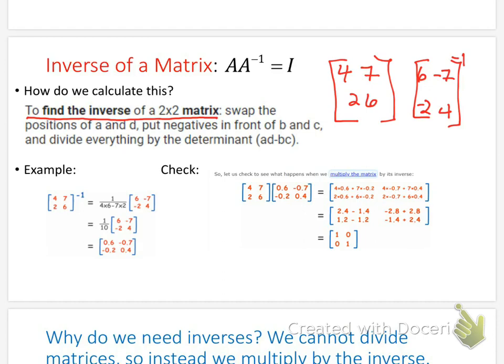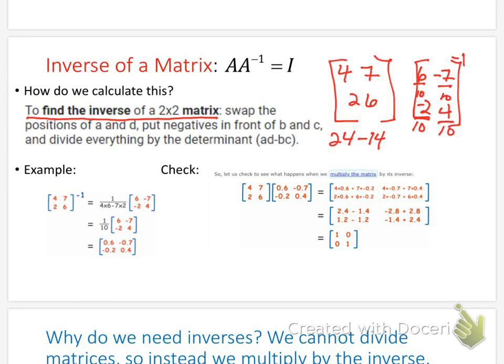That's the first step. Then the next step is that every single term in here gets divided by the determinant. And how do we get the determinant? 4 times 6, 24, minus 7 times 2, minus 14, gives me 10. So every single term is going to be divided by 10.